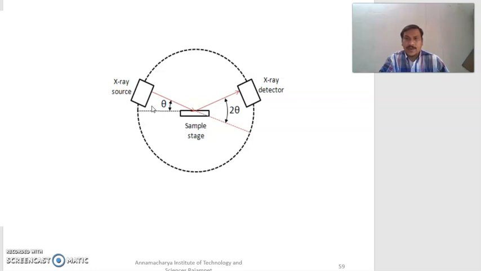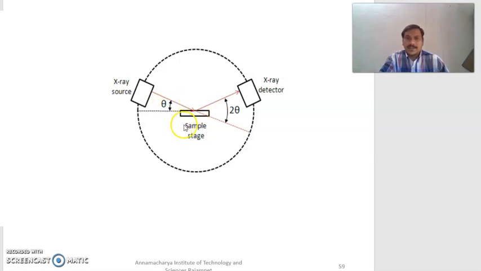Then the upper orbit electrons jump into the lower orbit, and energy is emitted in the form of characteristic X-rays. These X-rays are emitted from the X-ray source and incident on the sample material at angle theta.